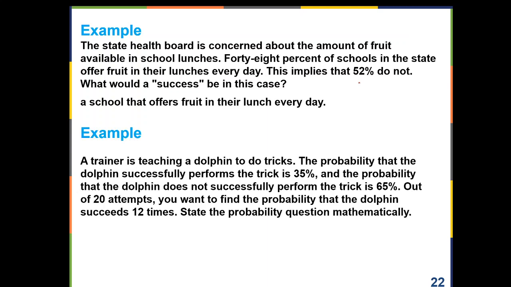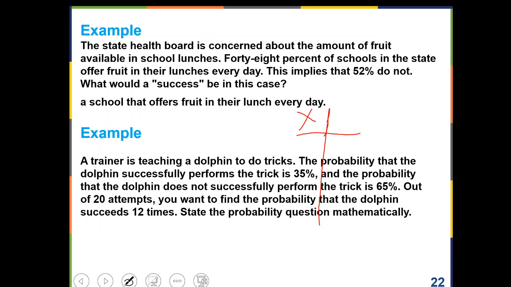A trainer is teaching a dolphin to do tricks. The probability that the dolphin successfully performs the trick is 35%, and the probability that it is not successful is 65%. Out of 20 attempts, you want to find the probability that the dolphin succeeds 12 times. State the probability question. Well, first of all, this situation is X. X is a random variable here, and X is the number of successes.